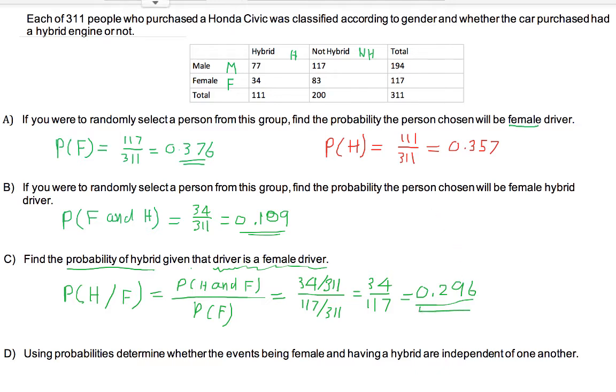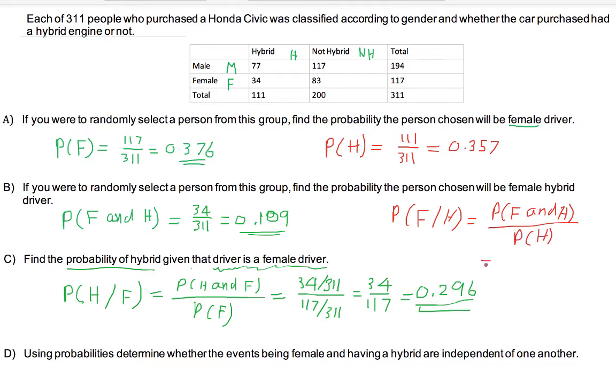Similarly, you can find it the other way. Let me explain that. How do we find the probability of female given hybrid engine? This should be the same way: probability of female and hybrid divided by probability of hybrid.